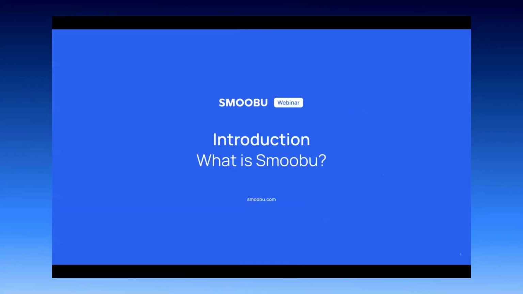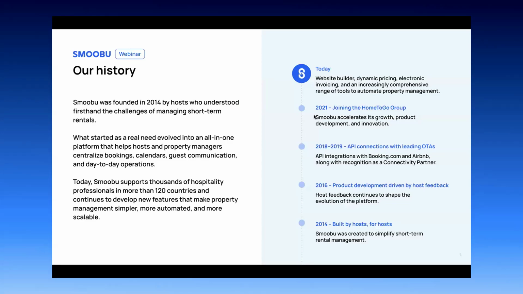So first, let's start with a quick introduction on what is Smoobu. Smoobu was founded in 2014, and it was created by actual hosts who understood the first-hand challenges of managing a vacation rental business.